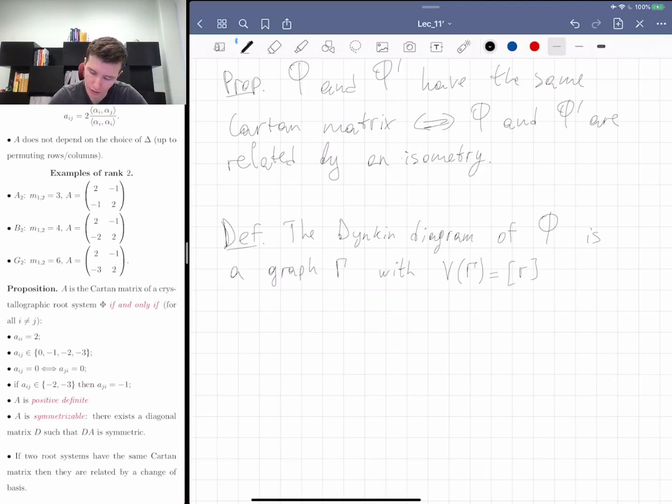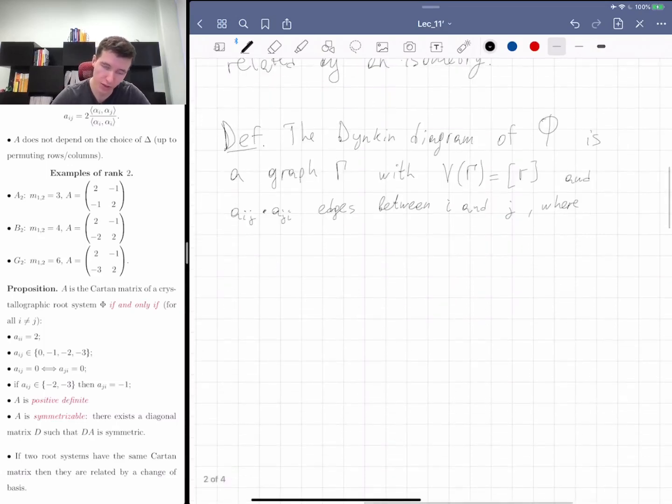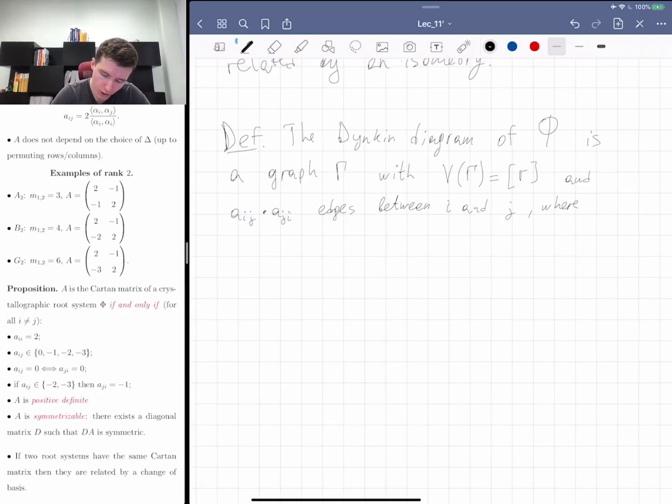And then the edges: there are going to be multiple directed edges, a_ij times a_ji edges between i and j. This is going to sound weird, but later we're going to see why that's the case. If a_ij times a_ji is equal to 1, then you just get one undirected edge.